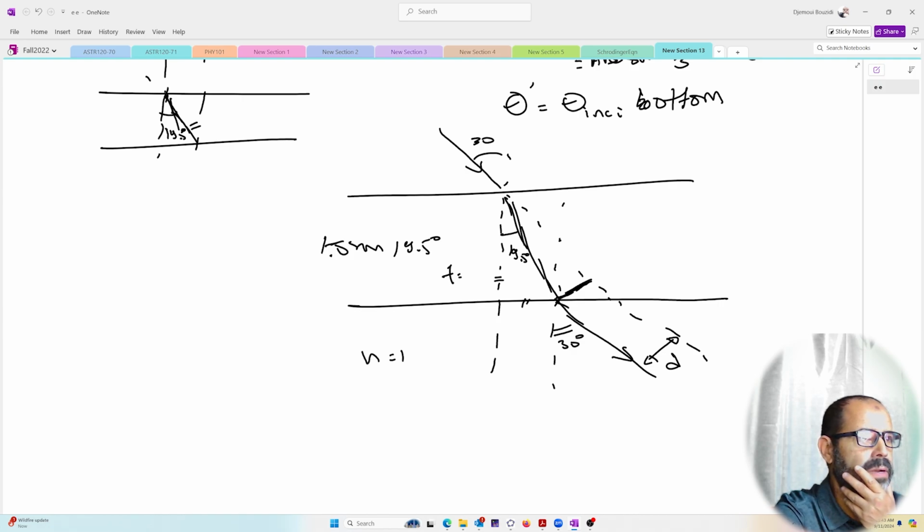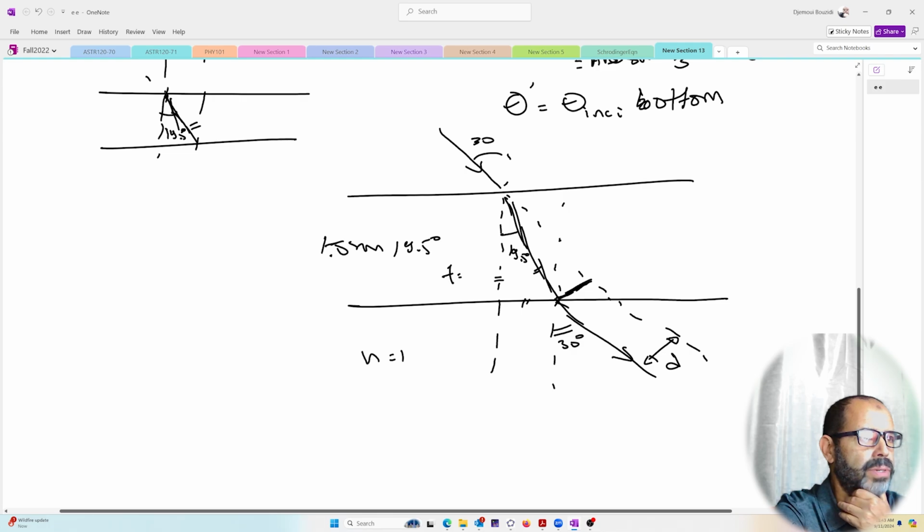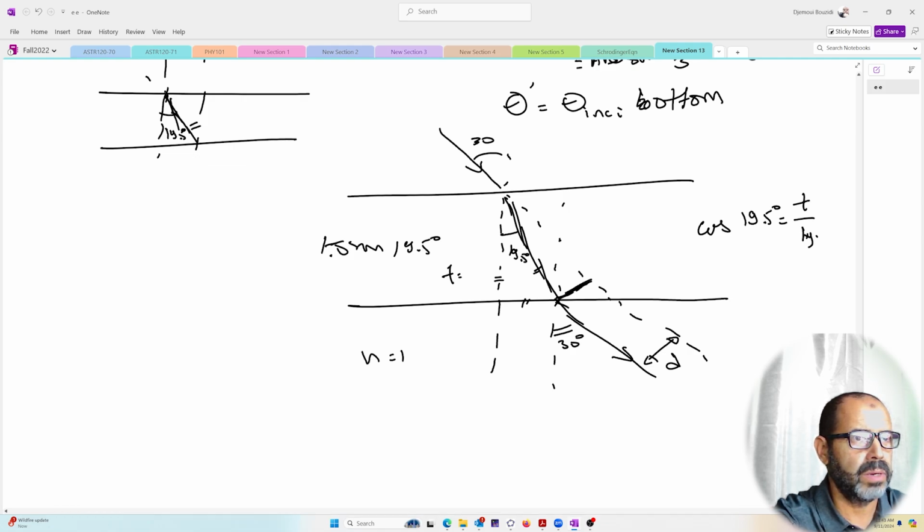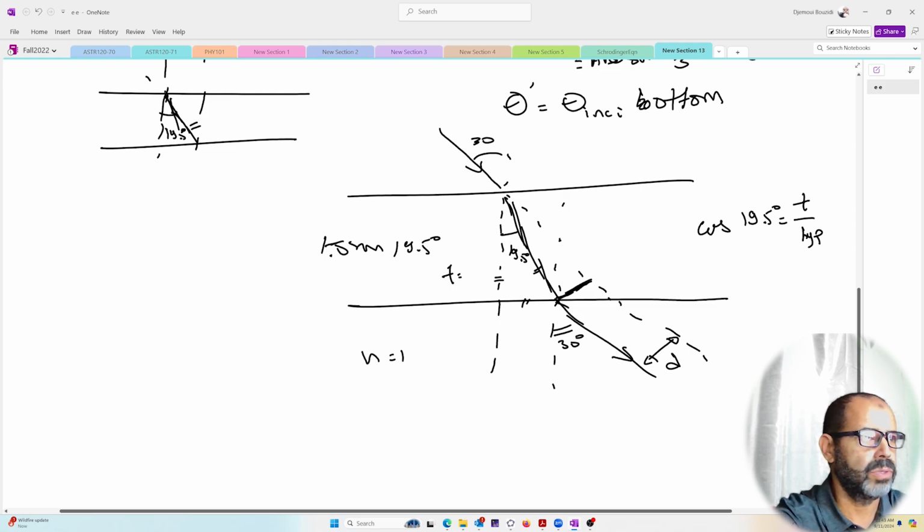Once we find this hypotenuse of this right angle triangle, this hypotenuse is given by the cosine of 19.5 degrees equal to the thickness T divided by the hypotenuse, which I'm going to call hip, for hypotenuse, this side. That's what my hip is.